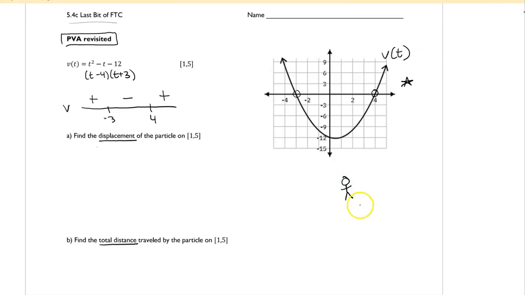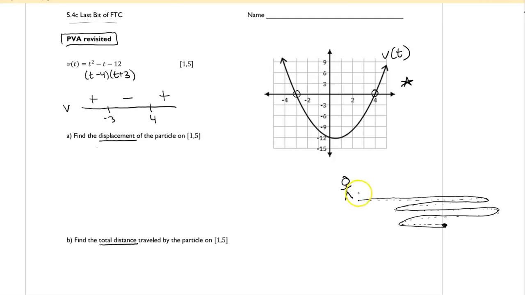Here's me. Over an hour, I walk out, I walk back, I walk back to the right, I start walking left again, and then finally I decide, you know what, I'm going to stop right there. So think about this path that I just took. What is my displacement?